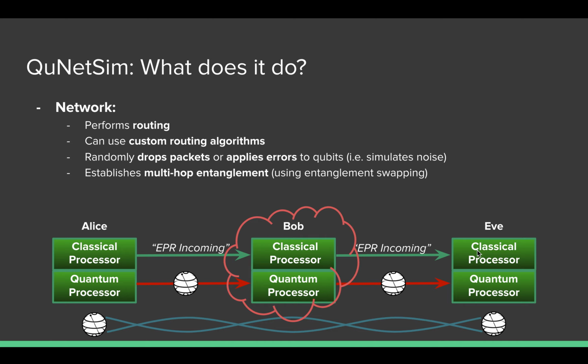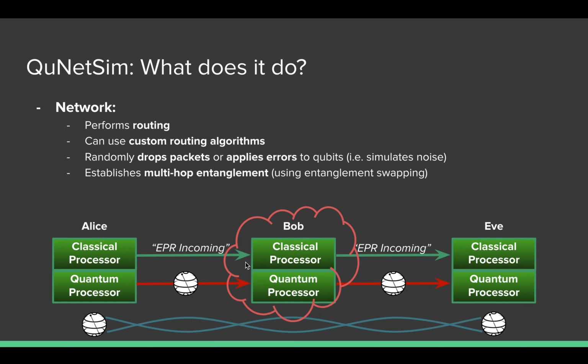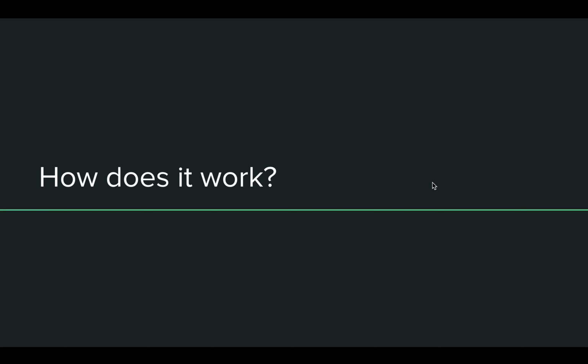Bob has to establish an EPR pair with Eve, and then they can use this combination of EPR pairs to perform entanglement swapping protocols such that Alice, at the end of this protocol, shares an EPR pair with Eve. And then QuNetSim is simulating that entanglement swap behavior.